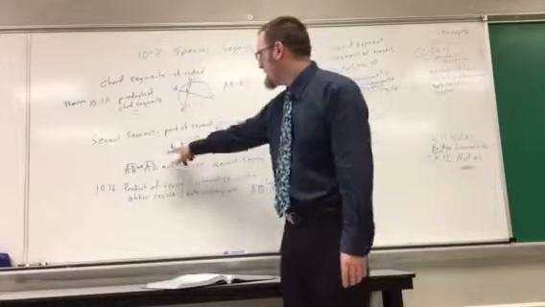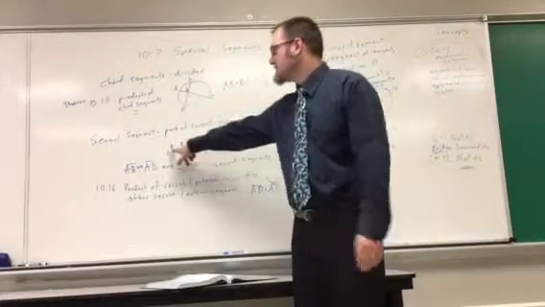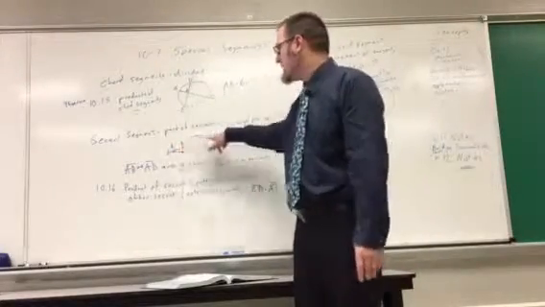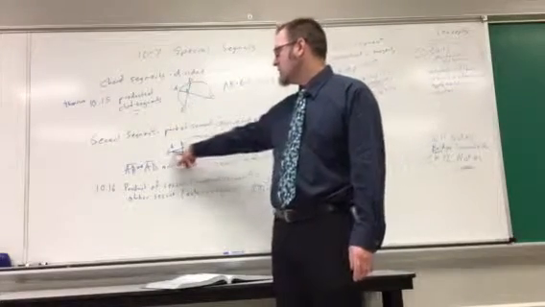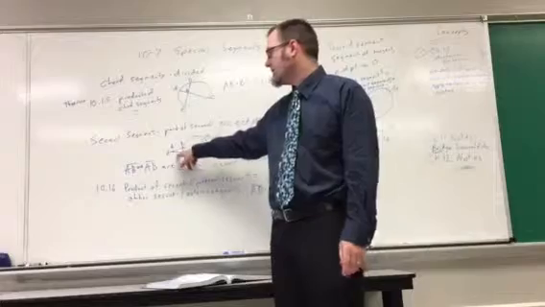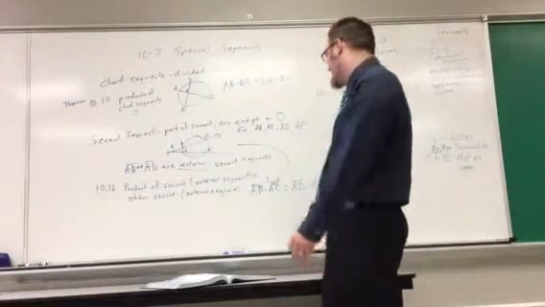So it's AB, the external segment, times the whole thing starting over at A, which would be AC. AB times AC is equal to AD, the shorter segment, times AE, the whole thing starting over again at A.